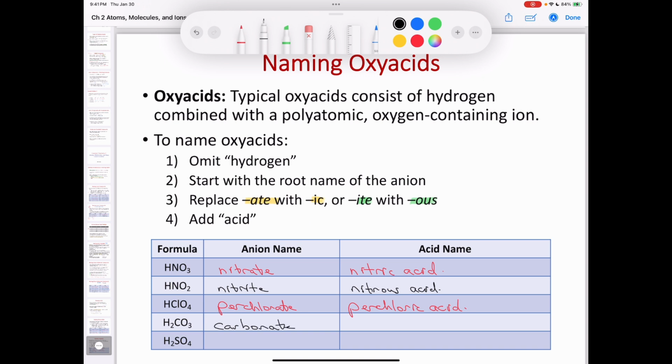And so we would call this carbonic acid. And the last one, we have the sulfate, and so we would call this sulfuric acid. And there you go, that covers nomenclature. All right, so this is the content that we would have covered if we had class in person this evening.